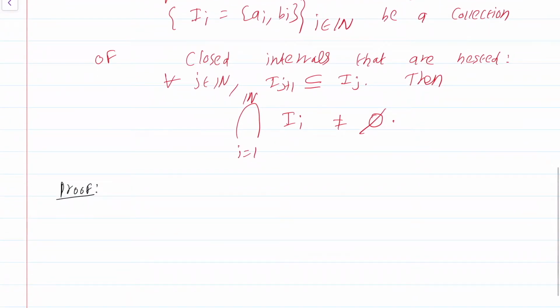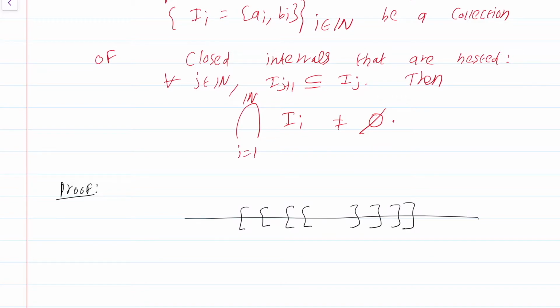Before I write down the proof, let me just illustrate what this is saying. This is saying that if I have closed intervals that get smaller and smaller, then it cannot happen that the intersection of all these closed intervals is empty.